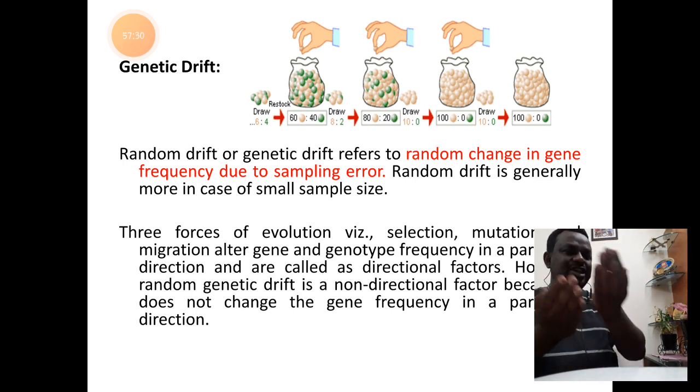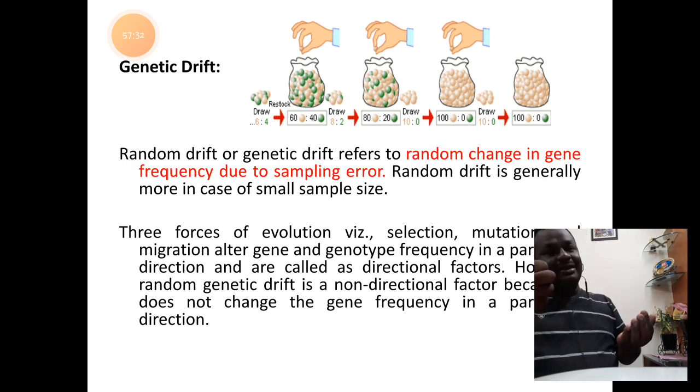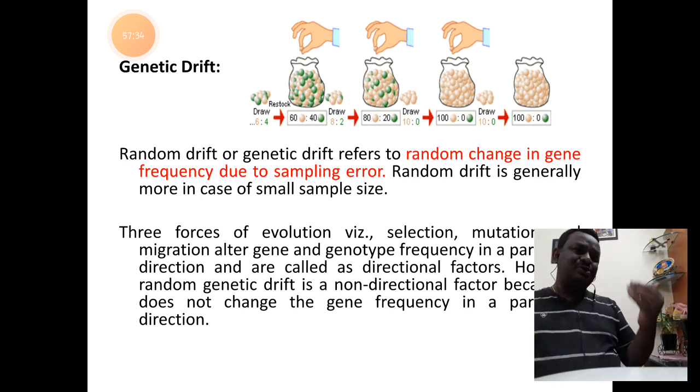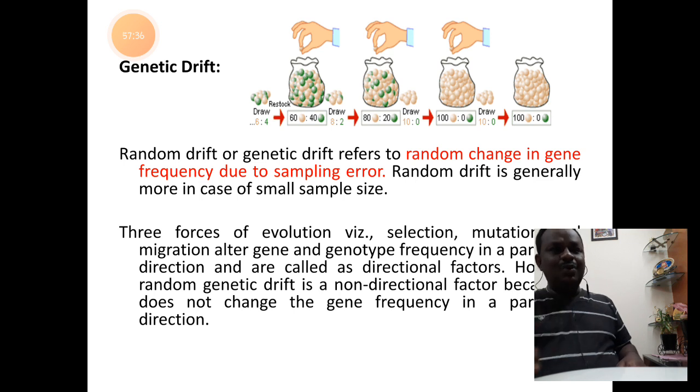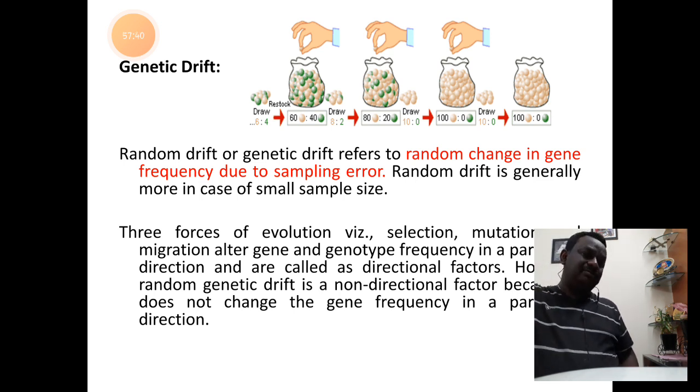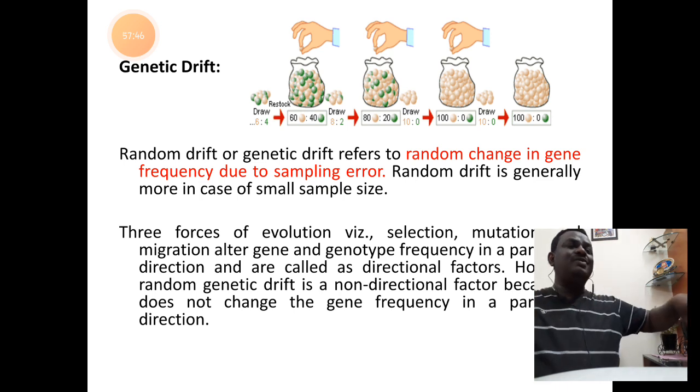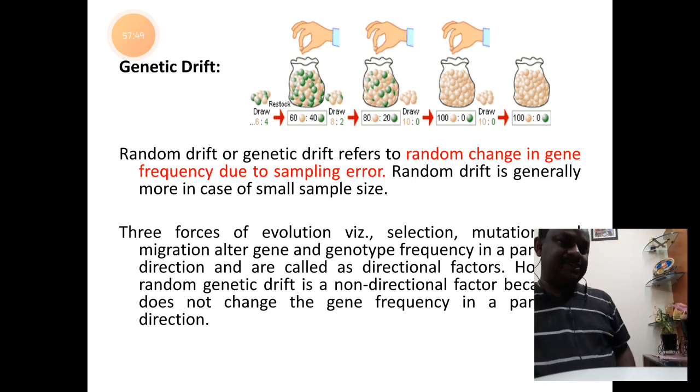The gene frequency of one particular allele, whether dominant or recessive, whatever the condition, is slowly getting drifted away, departed, moves away. So the other one is getting selected by nature. This particular condition we call genetic drift.